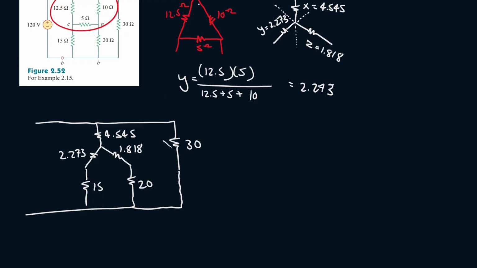So notice we can add these two and these two up. So 1.818 plus 20, that gives us 21.818. And we can add these two up. So it'll be 15 plus 2.273, which is 17.273.